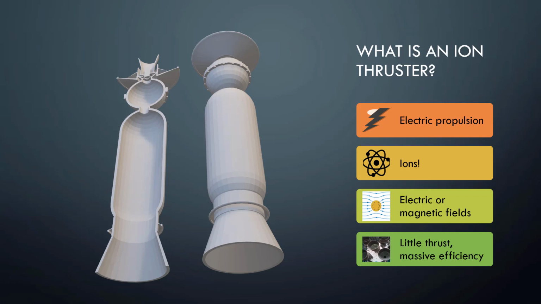Charged particles can be moved around in electric or magnetic fields. Also, ion thrusters are very different from conventional engines. They give little thrust but with massive efficiency. In the next slides, we're going to talk about what that means.